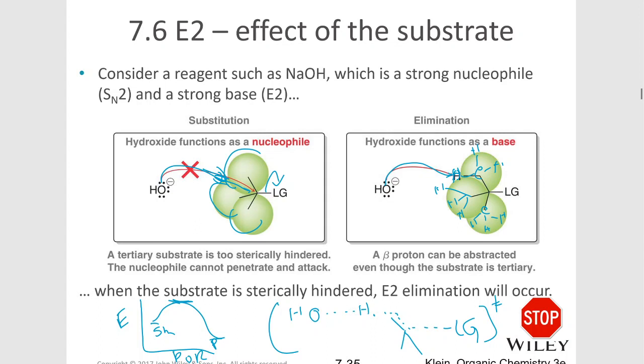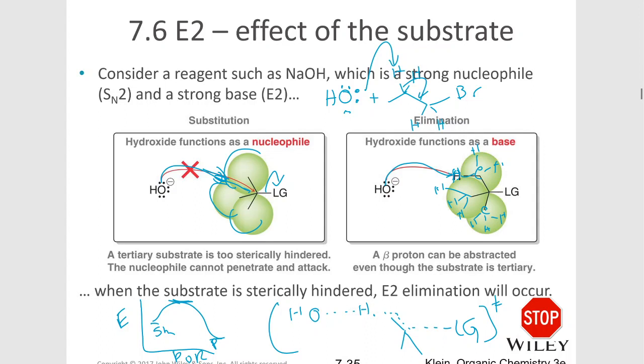Let's go back and look at this again. We've got hydroxide acting as a base. Let's use this alkyl halide here. So for the E2, this is going to pull off a hydrogen, and this bond that was attached to the hydrogen is going to form a double bond here.